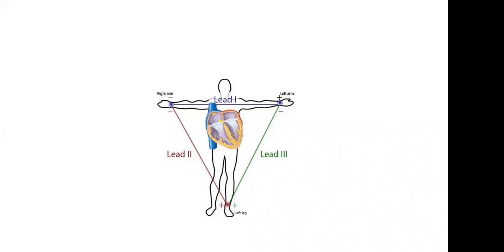When it is connected in lead 1, the left arm will be positive, but in lead 3, which is between the left arm and the left leg, the left arm will be negative. So the right arm is always negative, the left leg always positive, and the left arm changes.